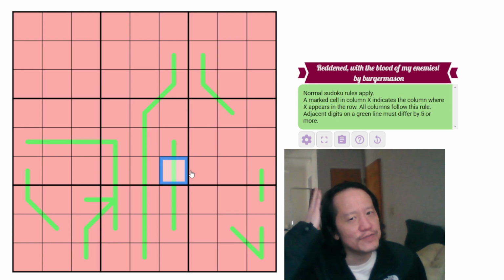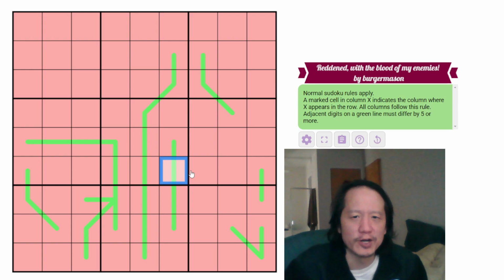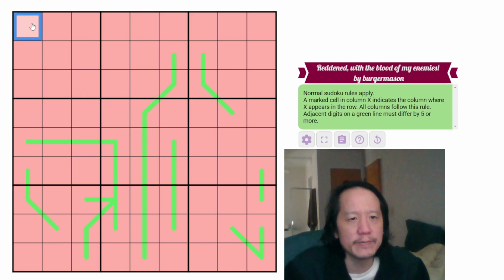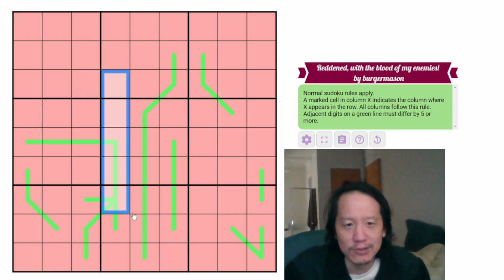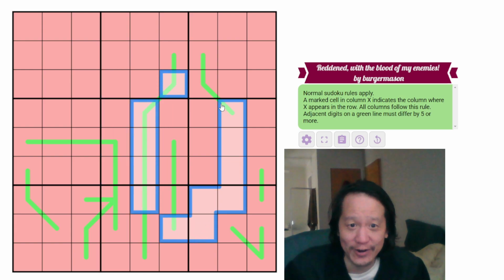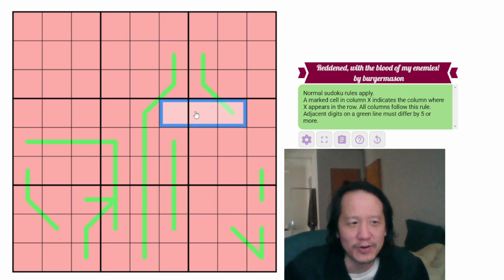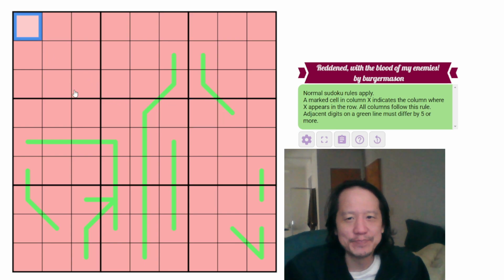This is kind of confusing, but the simple breakdown is: anytime you have a marked cell, and it looks like all cells are marked because they're all red, I guess marked with the blood of his enemies, then that indicates the column X.